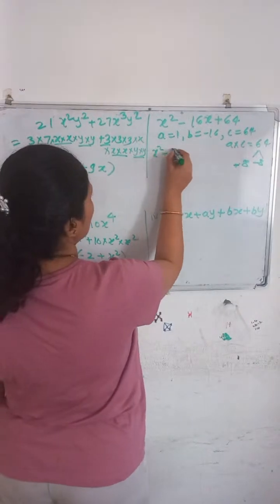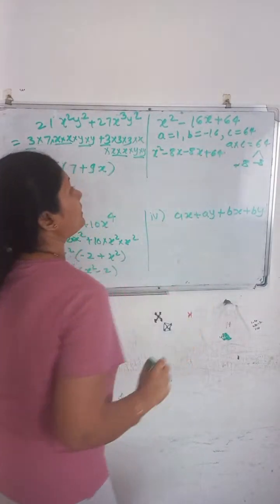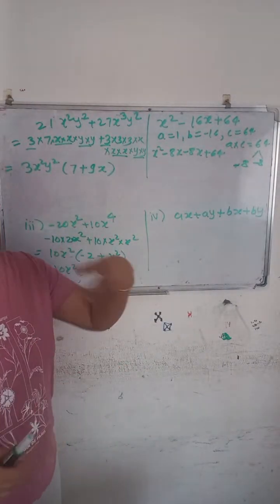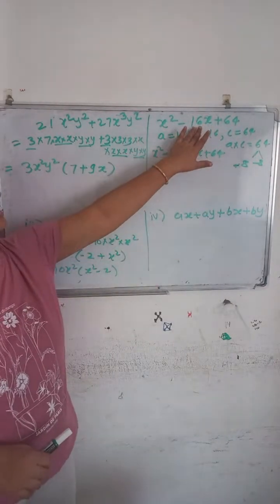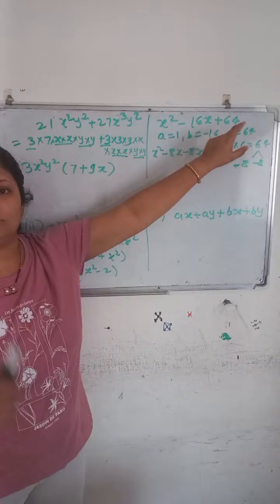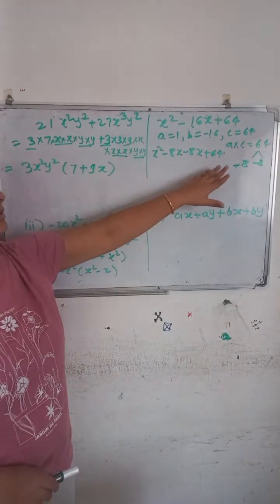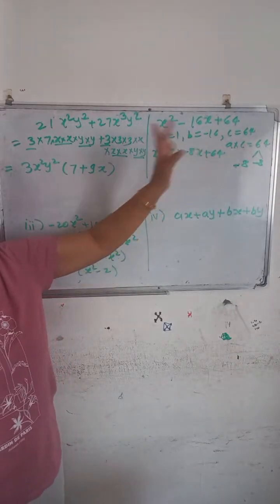So x square minus 8x minus 8x plus 64. I am not taking my own factors. Always check what the middle term and the end term are. That is very important. According to the sum we are expecting, I did this. So minus 8 and minus 8, if you add, we will get minus 16.